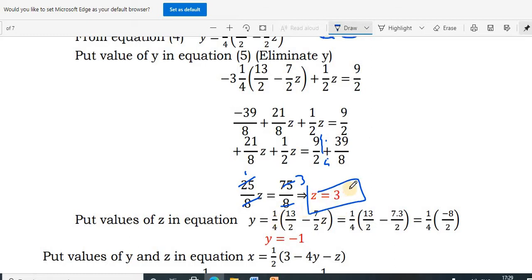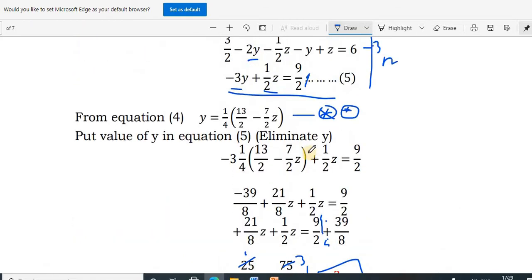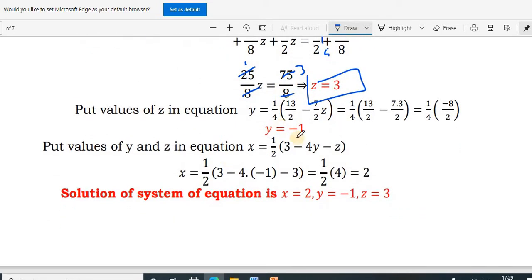Now we have the value of z is equal to 3. We substitute this value in equation 2 star here. So z is equal to 3, that is y becomes 1 by 4 into 13 by 2 minus 7 by 2 into 3. If we simplify this, 13 minus 21, that is minus 8, and this minus 8 by plus 8, that is y becomes minus 1.